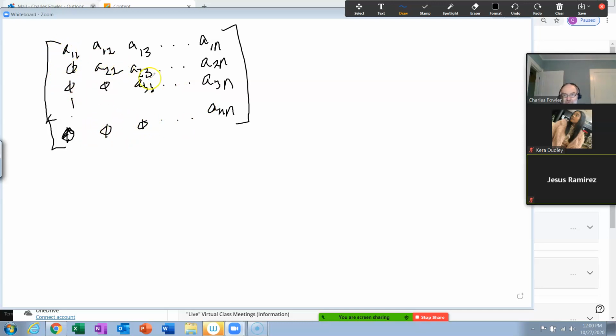The main diagonal usually is not 0, but everything below it is. So this is called an upper triangular matrix. Your lower triangular matrix, on the other hand, would start the same, A1,1, but then you have your zeros here, 0, 0, dot, dot, dot. This pen is not doing well. Actually a 0.